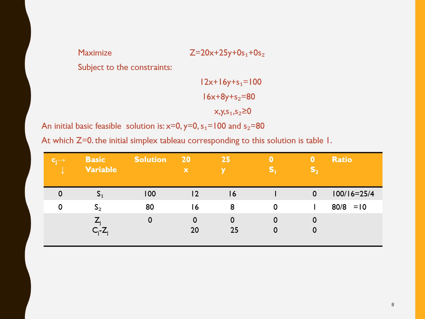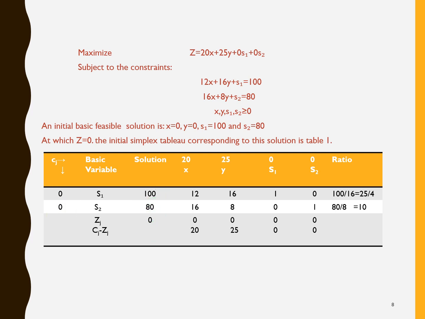Now the next step to calculate this table is initially to find out the value for Zj. Zj can be easily found out. How? First we have to multiply this 0 by 100 and add this to this 0 multiplied by 80. 0 into 100 plus 0 into 80 makes a total of 0.